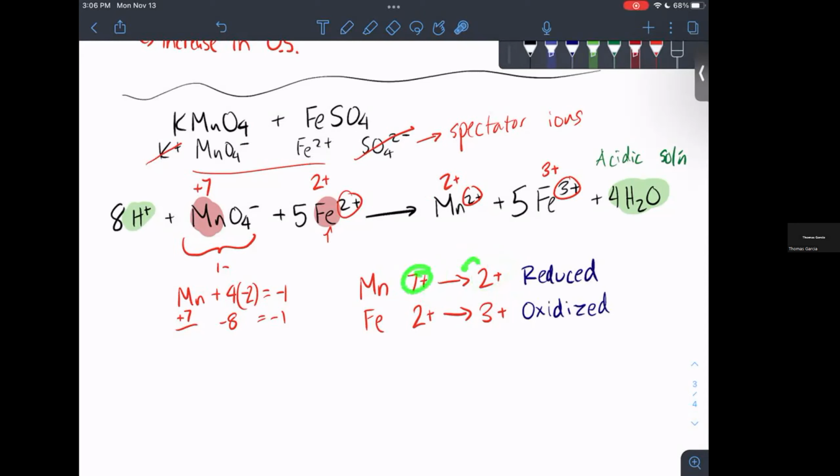It gained those electrons. Iron lost electrons because it gained more positive charge. If you take away the negative, it is now more positive. So I can say for a fact that now looking at the compound as a whole, manganese is reduced and iron, specifically iron, is oxidized.